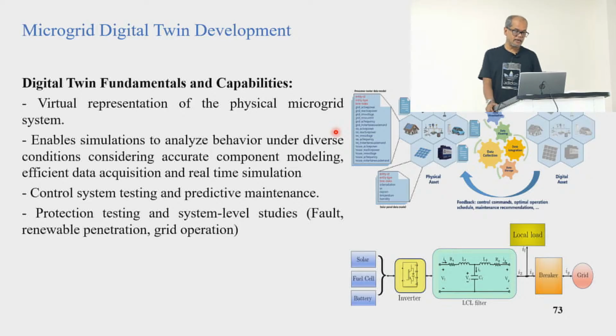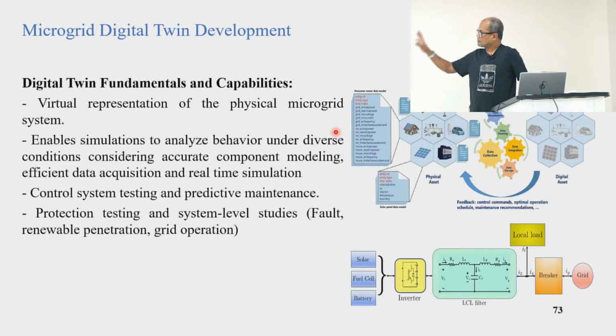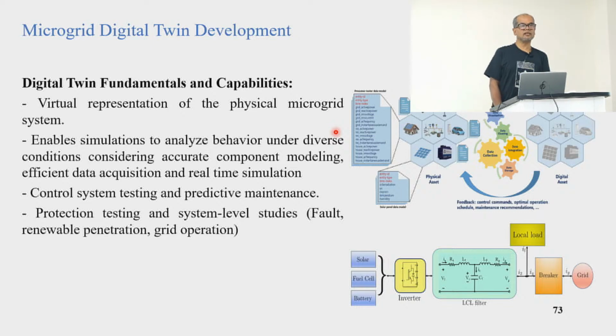Other things we also did: we not only did the design and economics, but also the control and stability part. To do that, we developed a microgrid digital twin. You might have heard that digital twin technology is getting popular in many other industries, but also in the power industry.